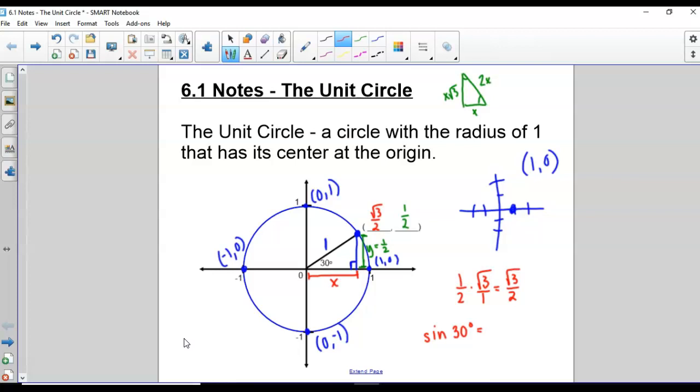But whenever you do trig, sine is the opposite over the hypotenuse. So if I'm doing sine of 30 degrees, the opposite side of this triangle would be 1/2, and the hypotenuse would be 1. Well, 1/2 over 1 is just 1/2. So sine of 30 degrees would equal 1/2.